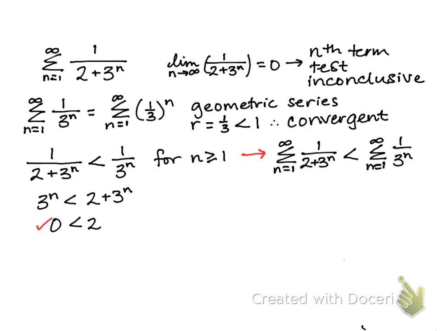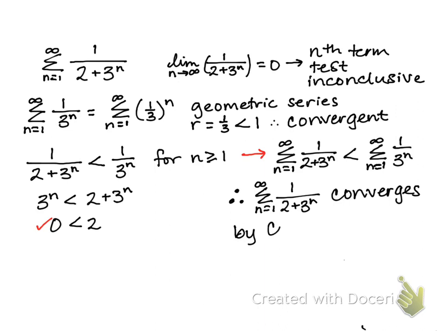And since I already proved that this series is convergent because it's a geometric series with r less than 1, then I'm going to say that the series from 1 to infinity of 1 over 2 plus 3 to the n converges by comparison test to this geometric series.